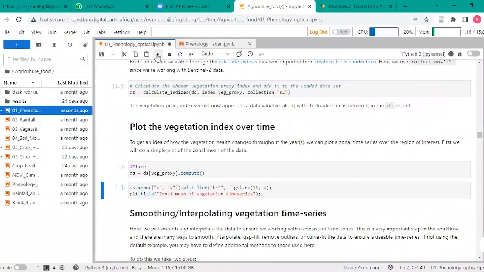Remember, we're calculating this for over 200 images, so it's going to take a little bit of time. It could take up to a minute or two to run. So we'll just patiently wait for it to complete running the NDVI for all the images we are making use of.